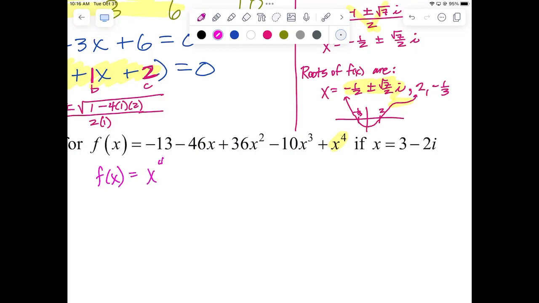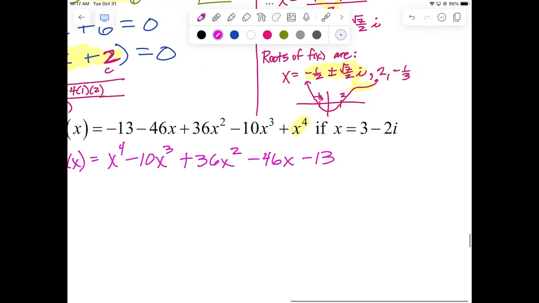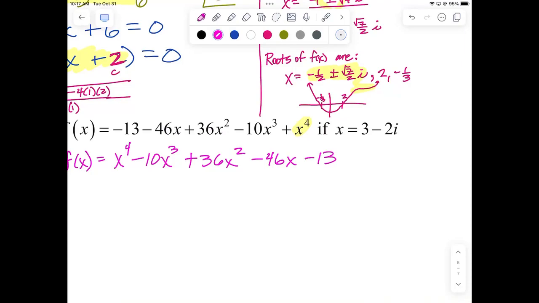So x to the 4th minus 10x cubed plus 36x squared minus 46x minus 13. It was written in ascending order instead of descending order. All right, now we know it's a 4th degree polynomial. How many complex roots is it going to have with multiplicities? It's going to have 4. If I can find 2, I can get it down to a quadratic by synthetic division, and then I can find the rest of them either by factoring or the quadratic formula.